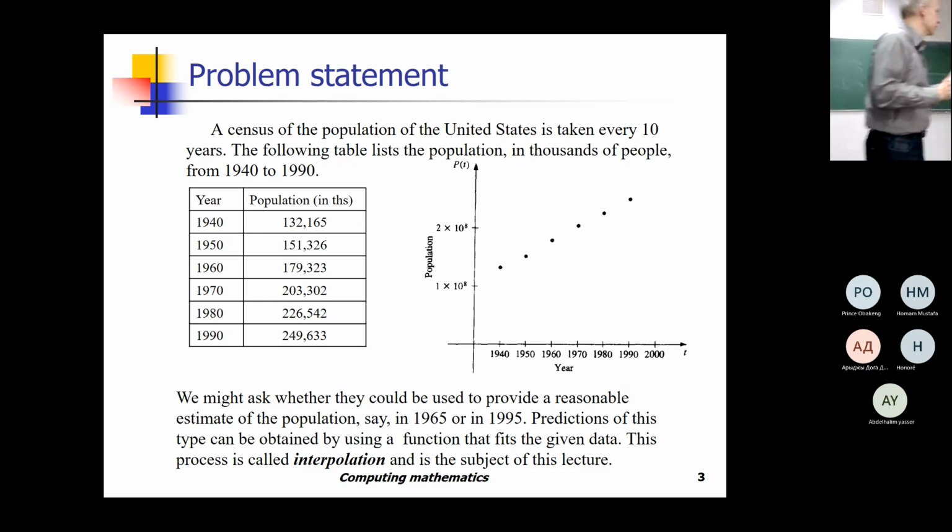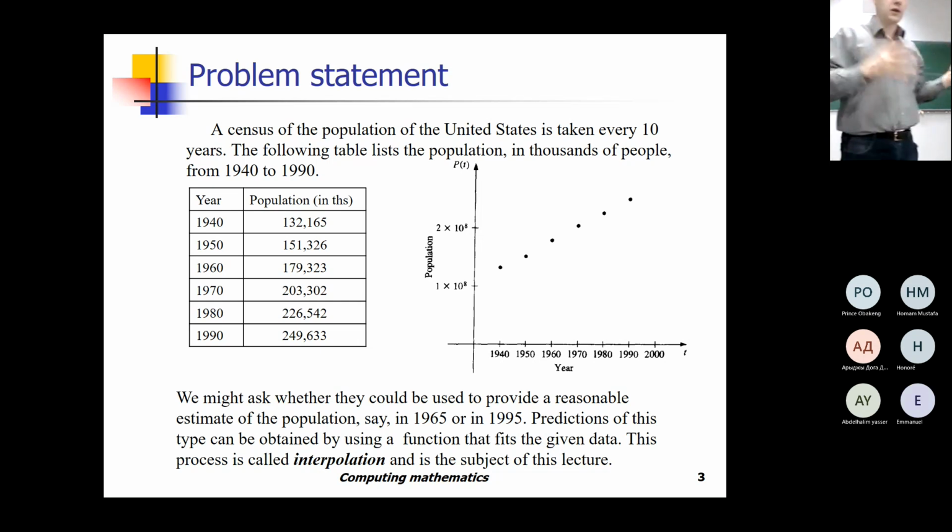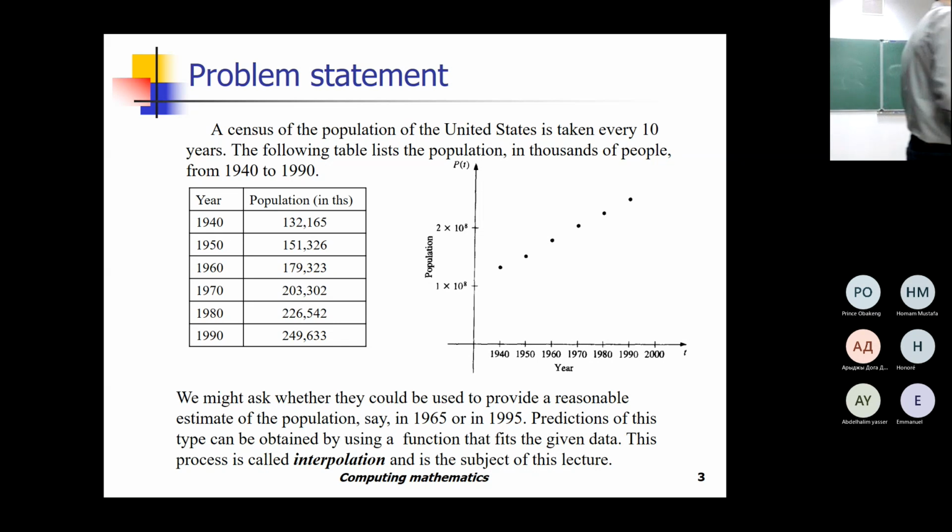Now, situation is different, but the idea is the same. We have a table. We know the values of some function only in the number of given points, and we want to predict the value of a function at some other point.